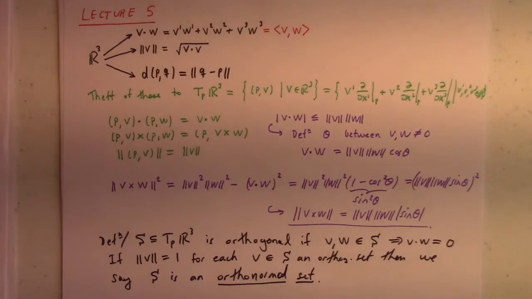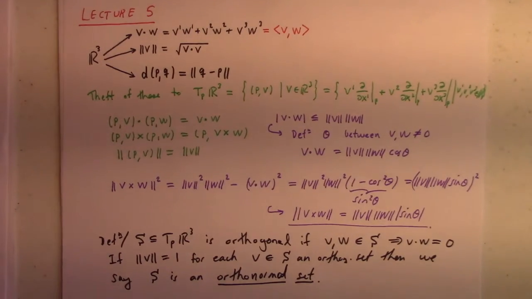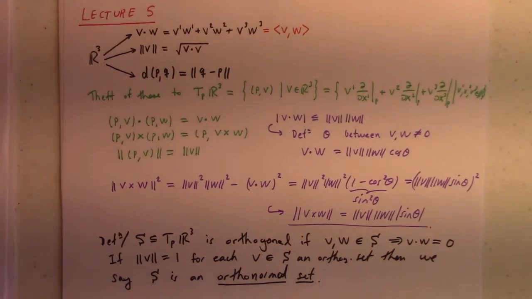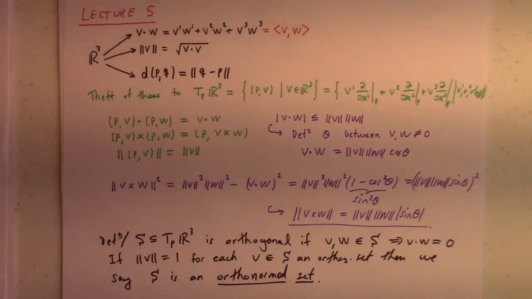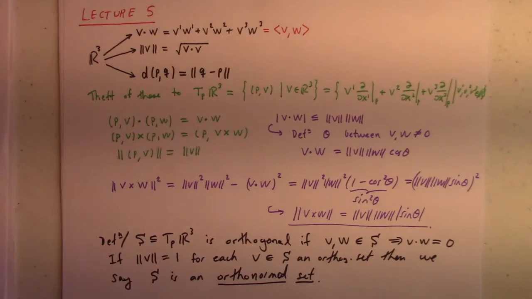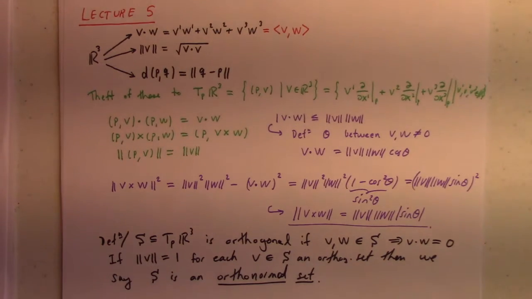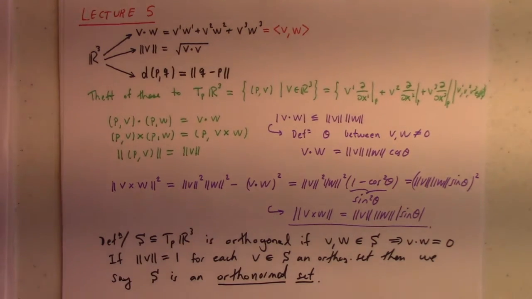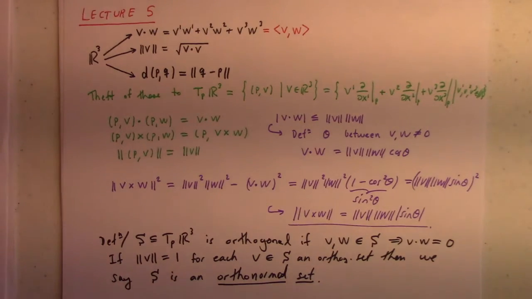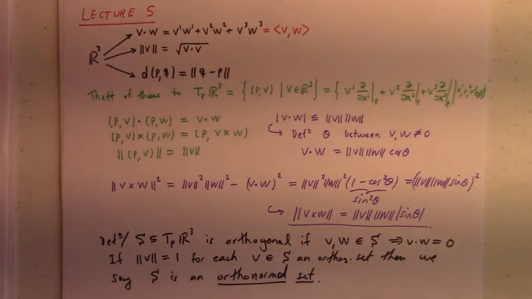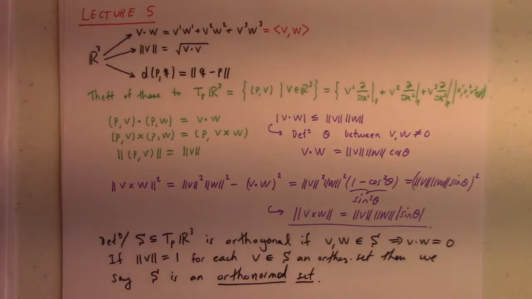An orthonormal set of 3 vectors at a point gives us a basis for T_P R3, because R3 is 3-dimensional, and we can easily prove that if we have a set of 3 orthonormal vectors, then they're linearly independent, and hence by the dimension theorems of linear algebra, they have to be a spanning set as well, all right, and thus a basis. Let's go through that.